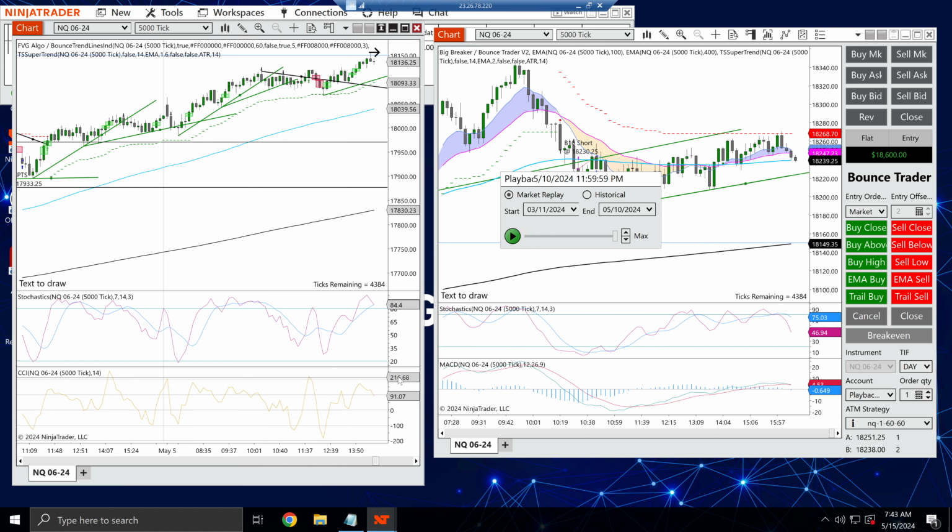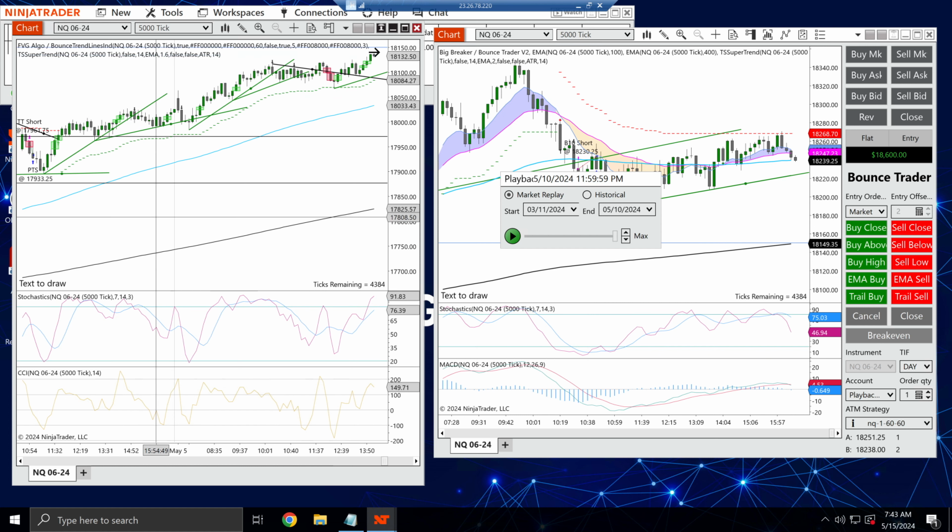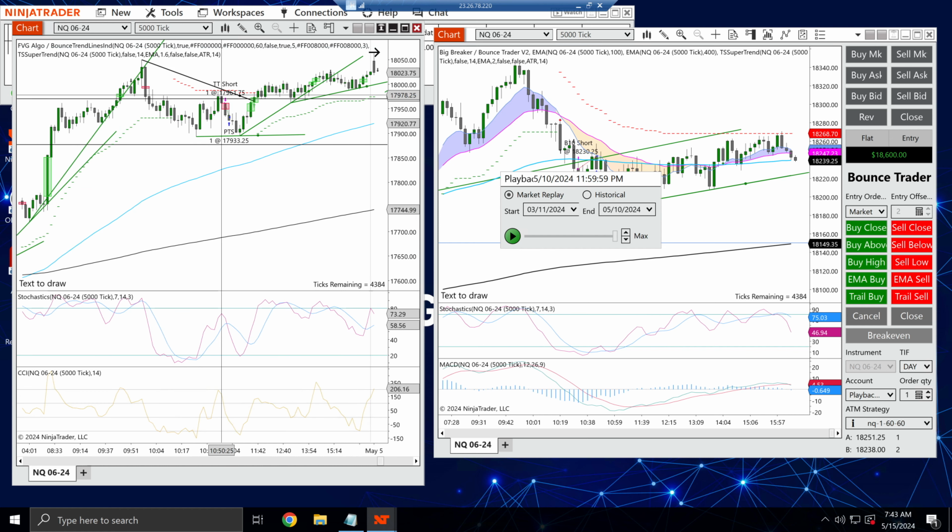Sorry, this is my VPS, so this acts slower. So this was that trend touch from Super Trend bounce short. As you see, it touched that dotted line and went down.